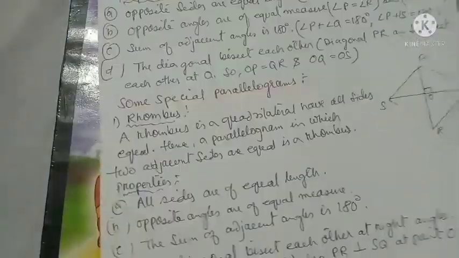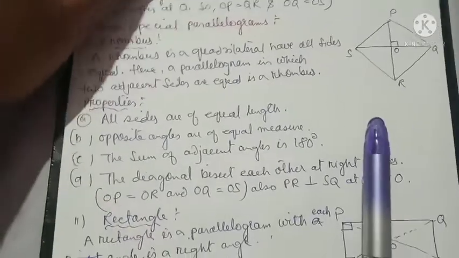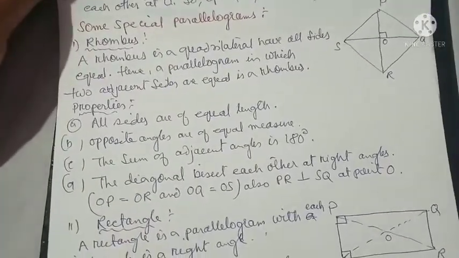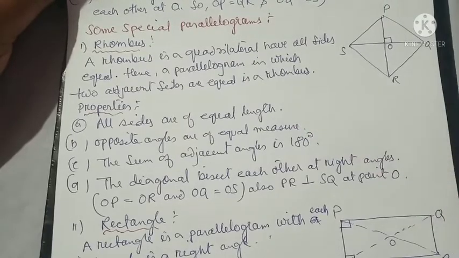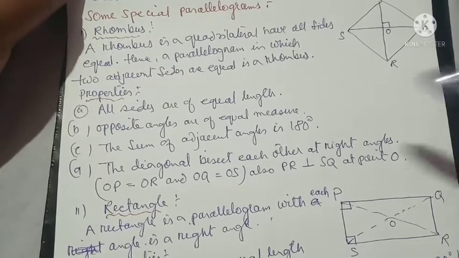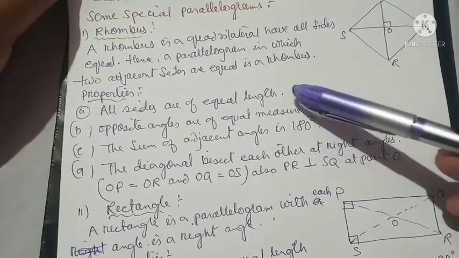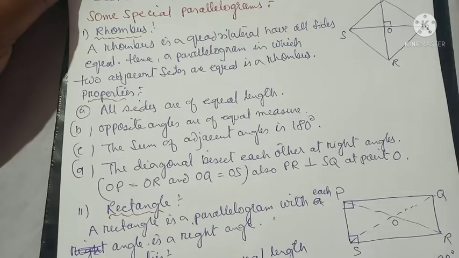Let's see what the differences are between the rhombus, rectangle, parallelogram and square. In the rhombus all the sides are equal, and in the square also all the sides are equal. Let's differentiate between rhombus and square first. All the sides are of equal length.